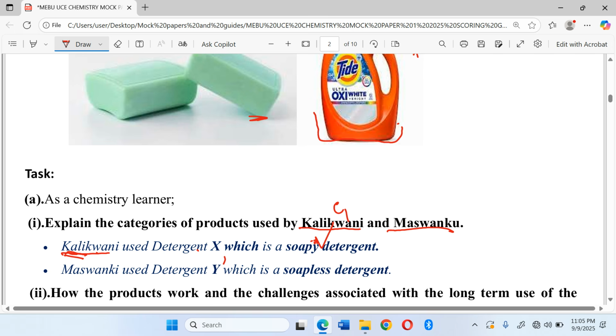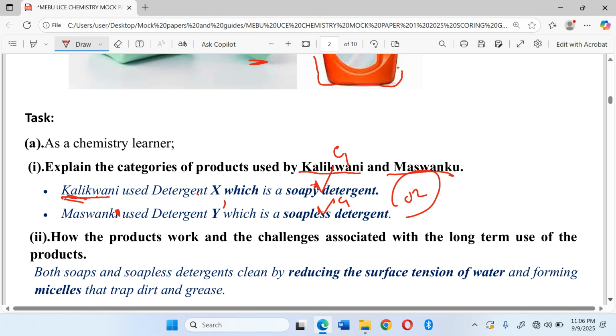Then Maswanku. This is Maswanku, not Maswanki. Maswanku used detergent Y, which is a soapless detergent, and you get your scores. As we said in item 1, when you are categorizing, we just look at category only. There's no need for us to explain what a soapy detergent is or what a soapless detergent is.